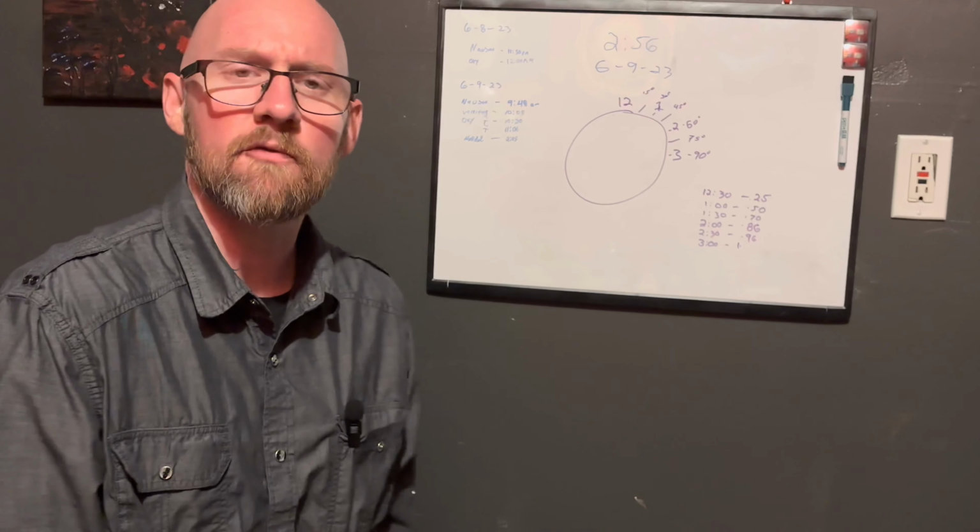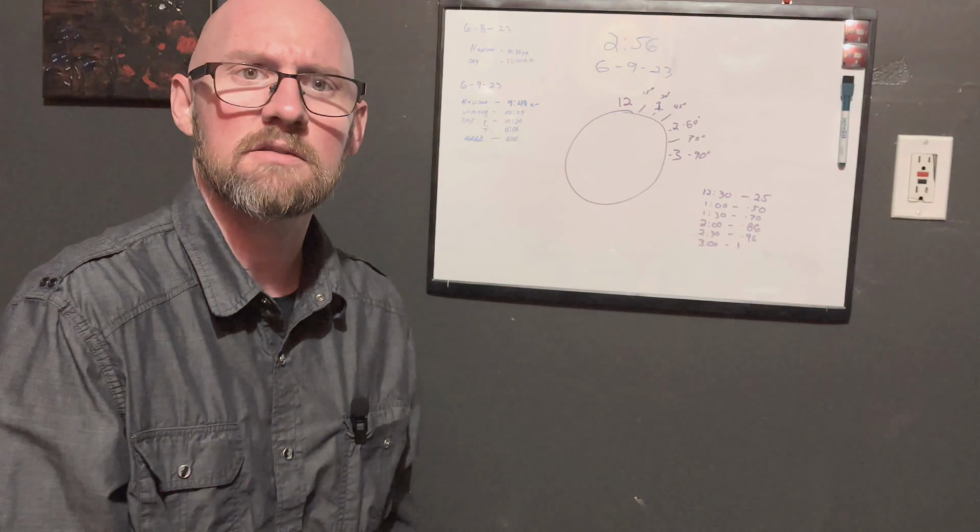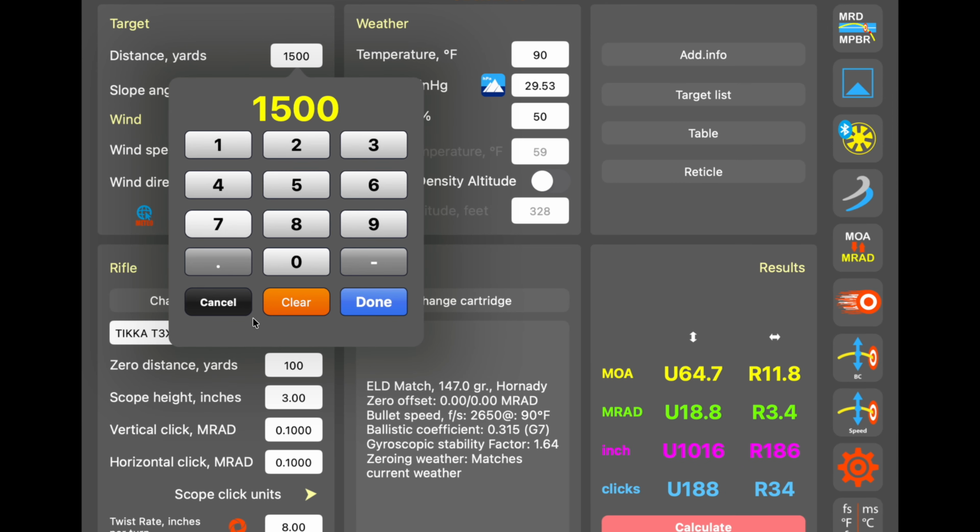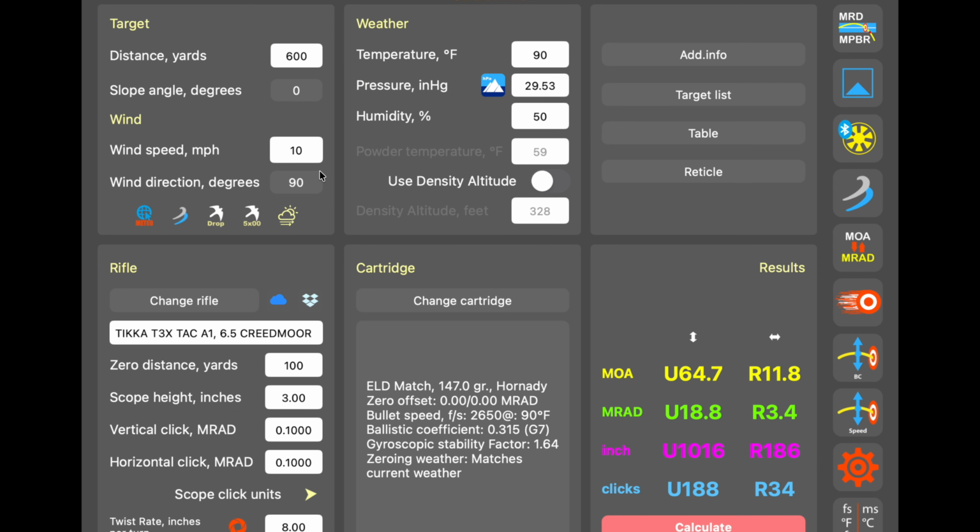But let's go ahead and jump over to our ballistic calculator and take a look at this. I wanted to show you how these angles work. Just to make math easy, I want our full value wind to equal 1 full mil. This will make math easier for us and easier to explain.